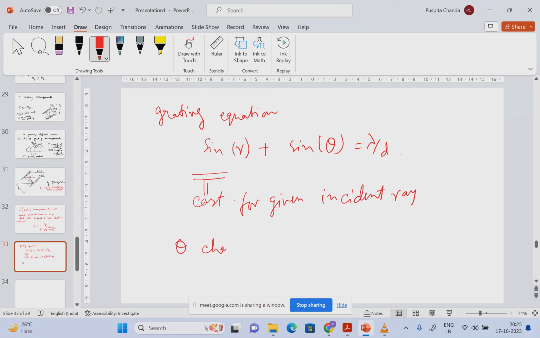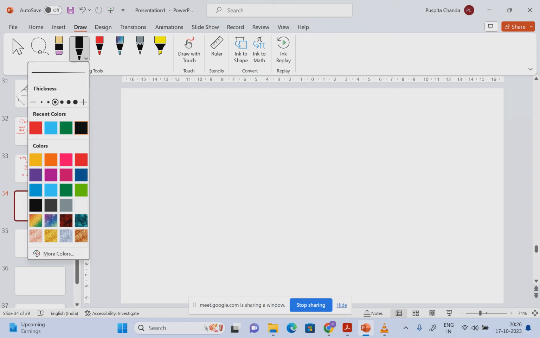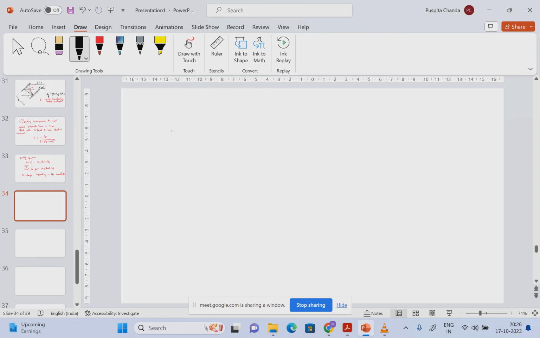Theta changes depending on the wavelength. Okay.